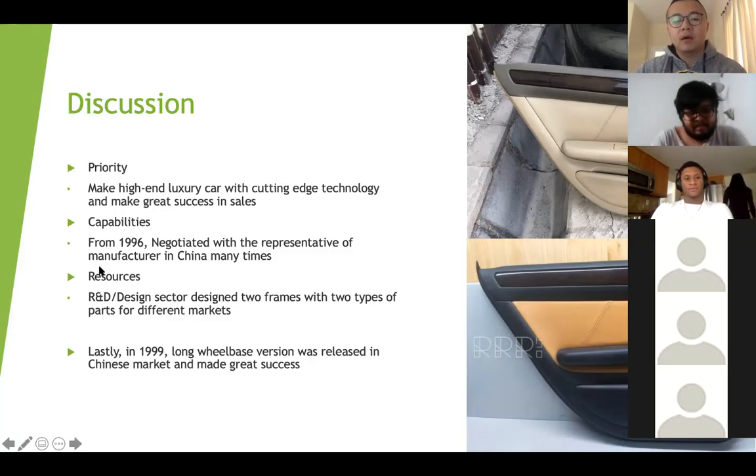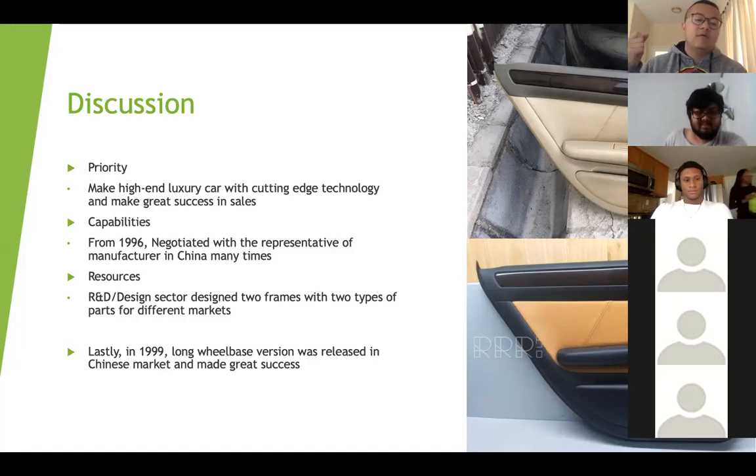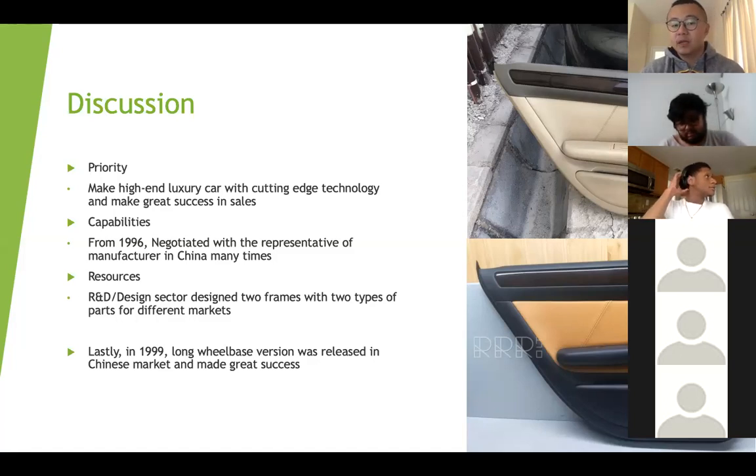So the resources sector, like R&D and design, started to design two frames with two types of parts for different markets. R&D and design is the main sector for the resources to move.